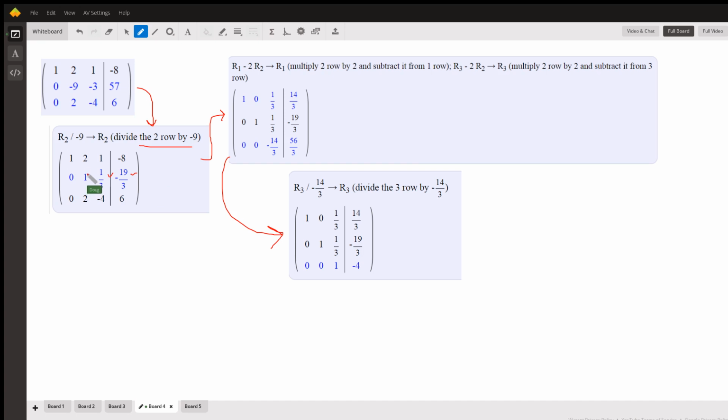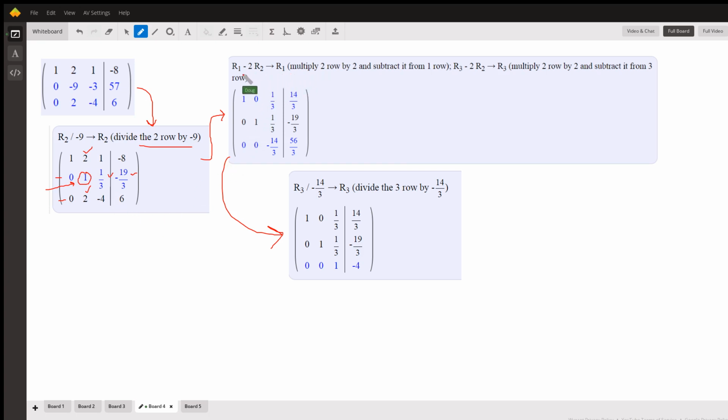Now that I have a 1 here, I can use this as the row that I multiply by to make this element and this element equal to 0. I'm headed along the right path. And the fact that I have zeros in the first column for the second row means I won't change the value of the 1 here when I add to row 1. So here we go.